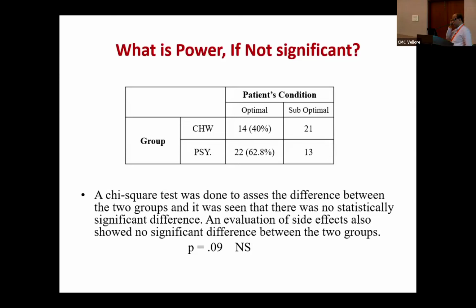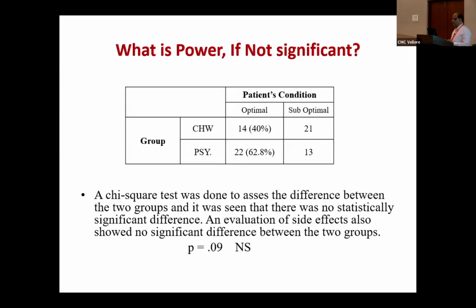So they thought we'll train the community health workers for 6 months in treating common psychiatric morbidities in the community, and compare them with the psychiatrist. So the patients were randomized to go to community health workers or psychiatrists after training.